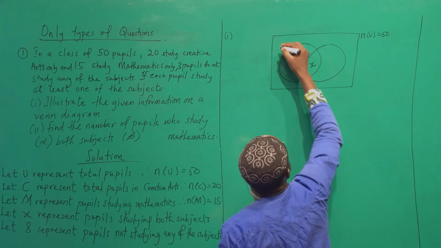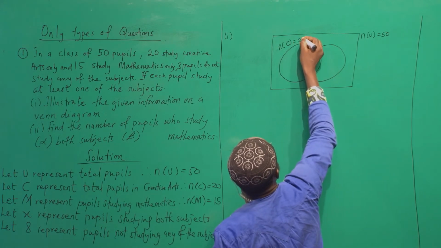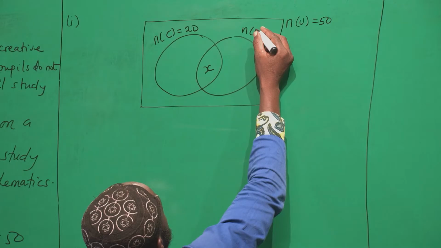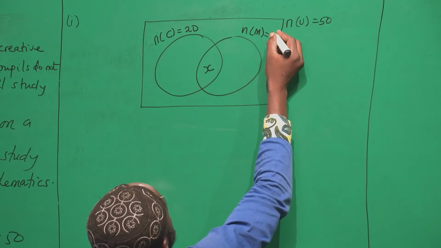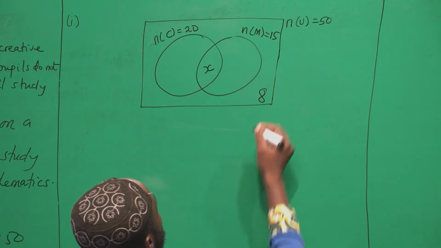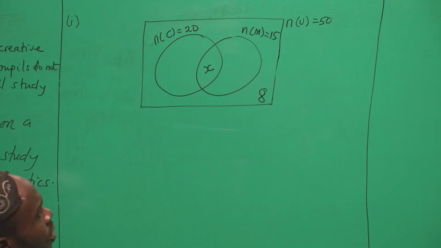Here is X. Then N of creative arts is 20. N of mathematics, 15. Then the ones which do not belong to them, 8 comes here. So that is the Venn diagram. But for the purpose of solving, you see what I've done now?